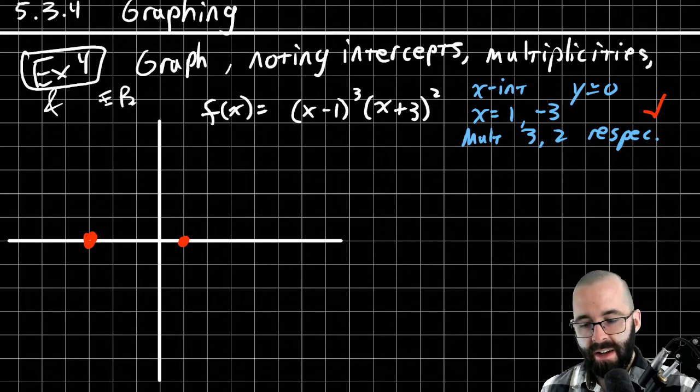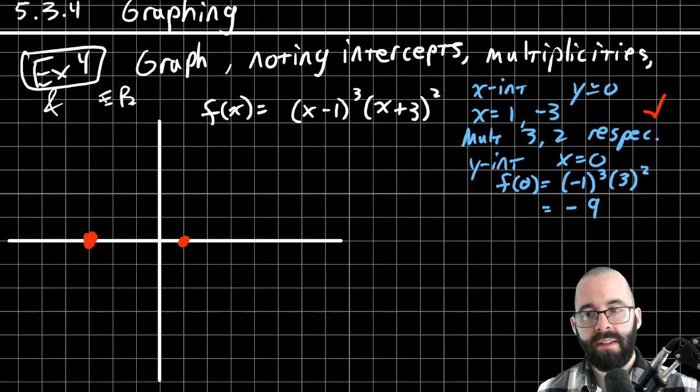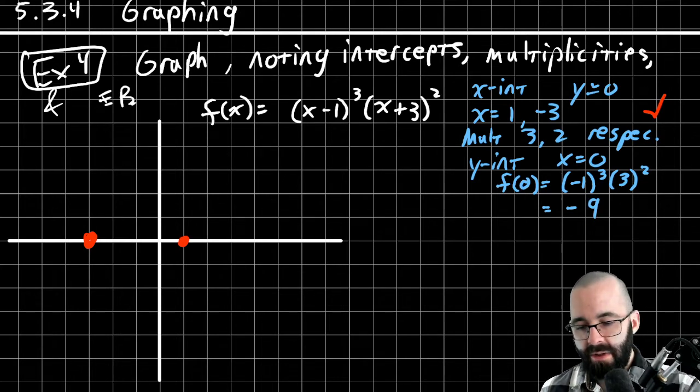Intercepts. Let's also find the y-intercept, right? The y-intercept is when x is equal to 0. Uh-oh. There's not a problem necessarily, but if we plug in 0, you'll see what happens. Becomes negative 1 cubed times 3 squared. That's negative 9. Which is no big issue.